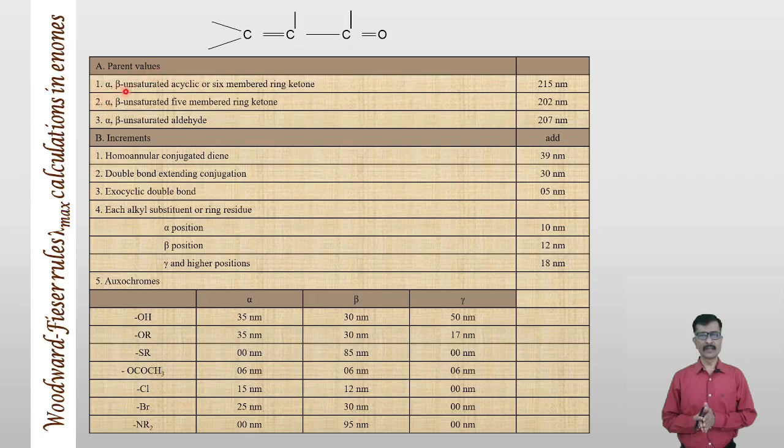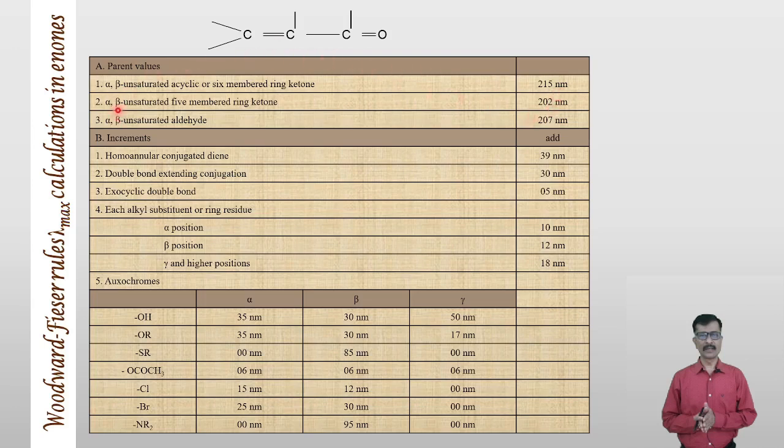If it is an alpha, beta unsaturated acyclic or 6-membered ring ketone, the value is 215 nanometers.